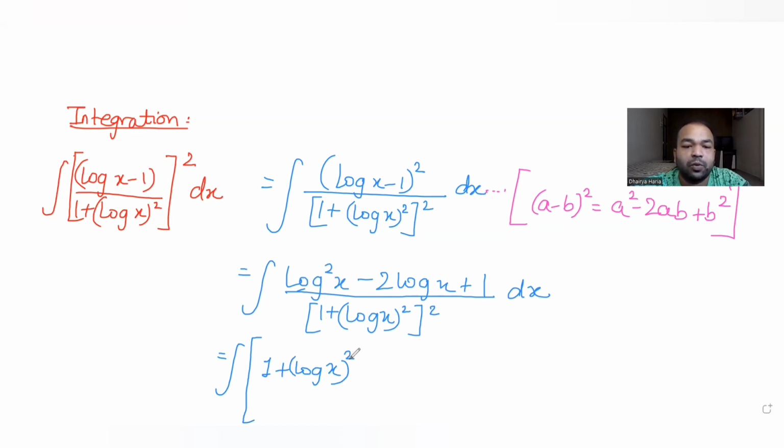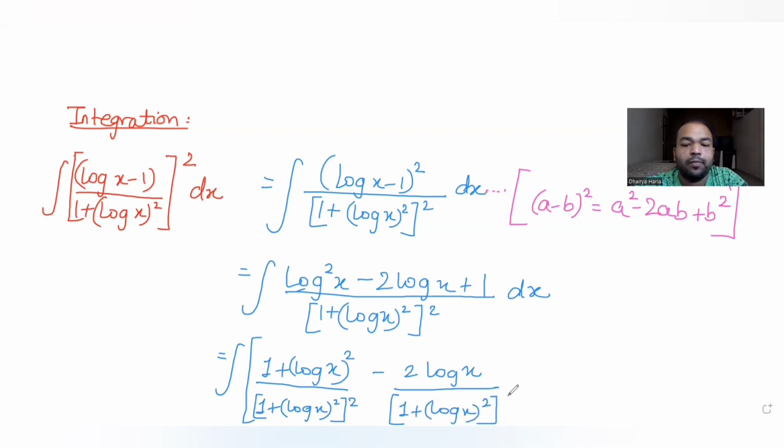So we have (log x)² minus 2 log x, and if I separate the denominator, there is (1 + log x)² squared, and here also I have (1 + log x)² squared again.